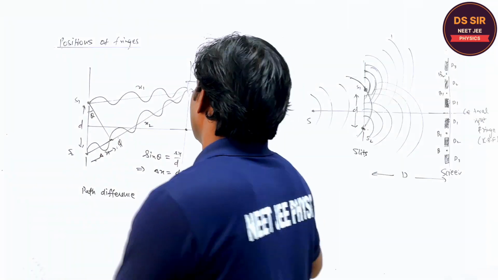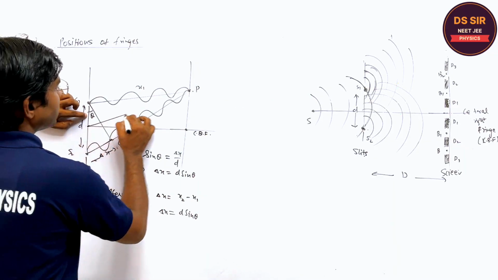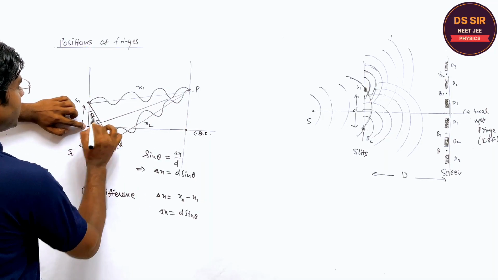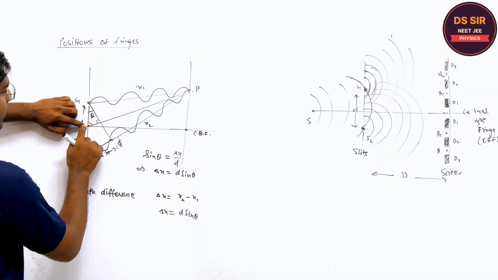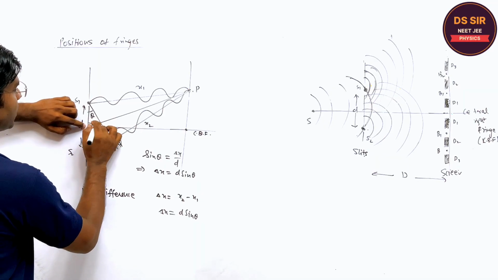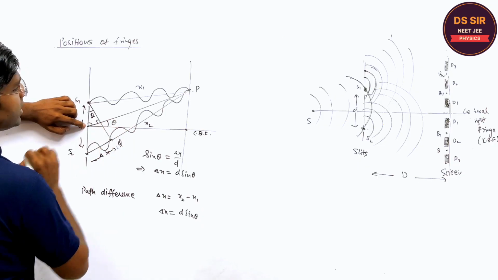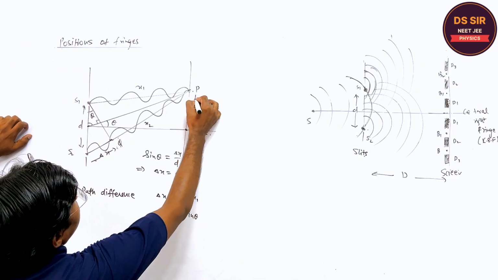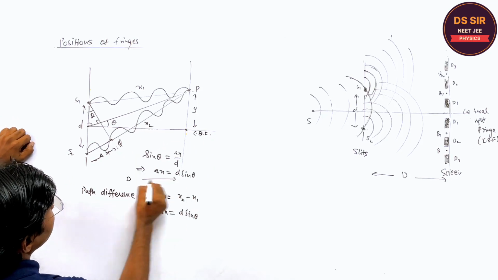Now listen. If this is theta, and this is 90 degrees, then this angle is 90 minus theta. This angle is theta. Suppose this is the distance y, and this is the capital D over here.